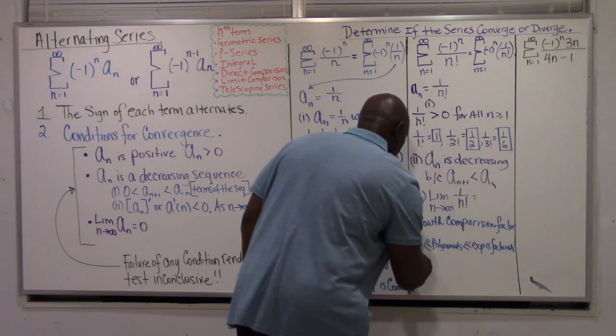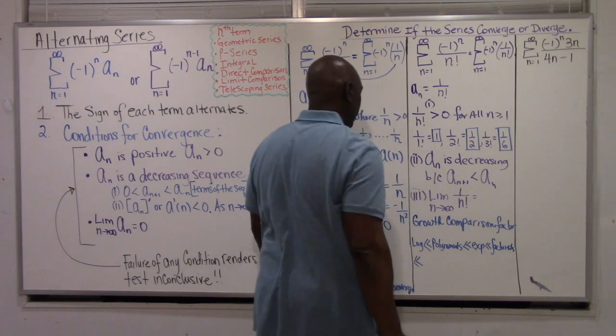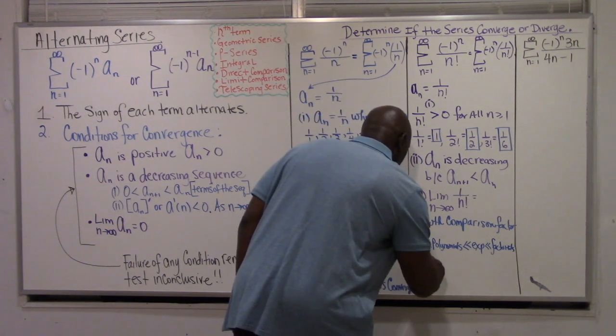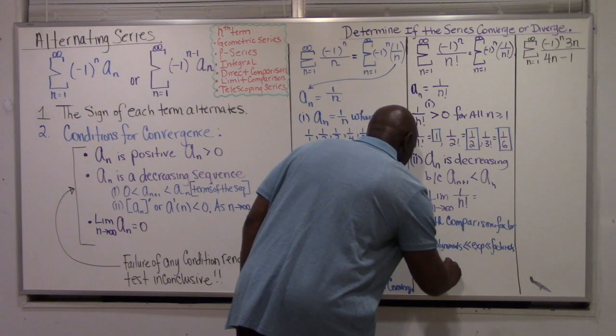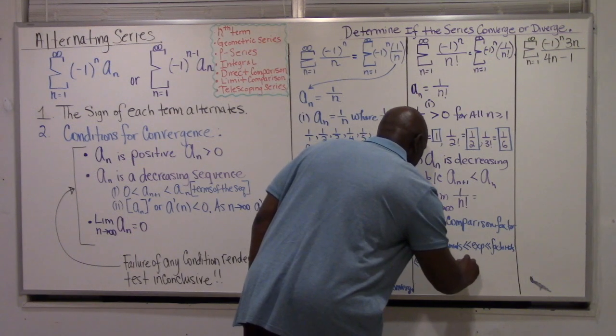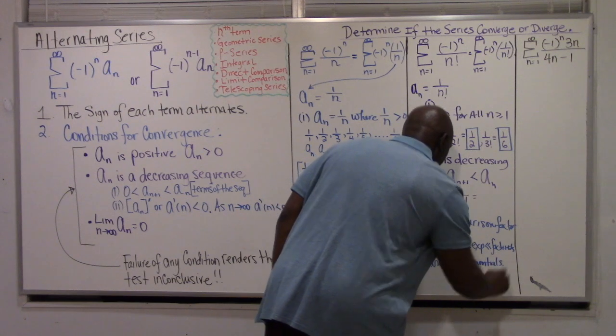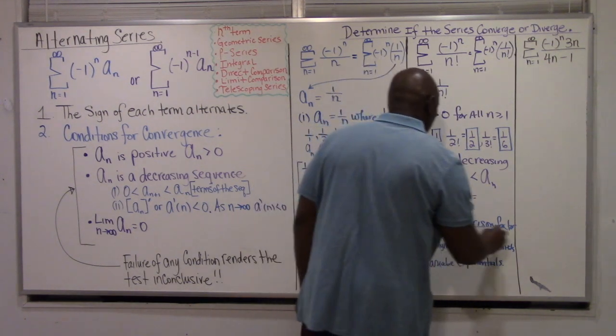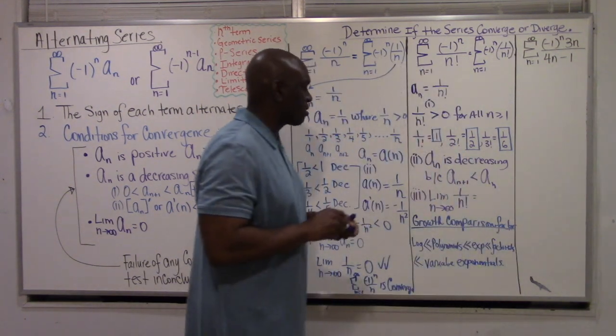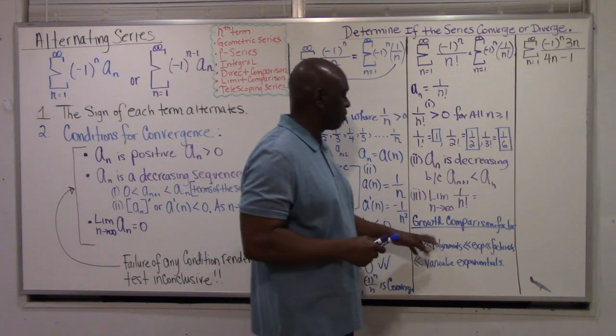And the factorials are going to be smaller than our variable exponentials. That's the comparative growth factor.